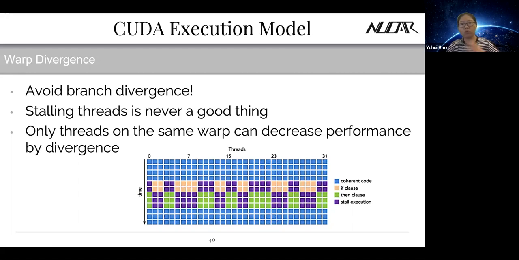So the total amount of time is the addition of the two clauses. So that will be 5. But if there's no warp divergence, it will be only either 2 or 3 cycles.